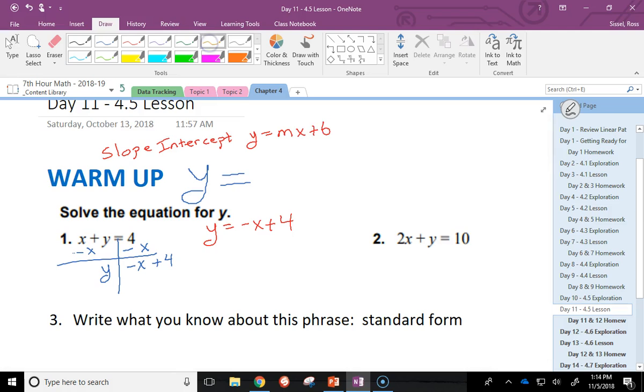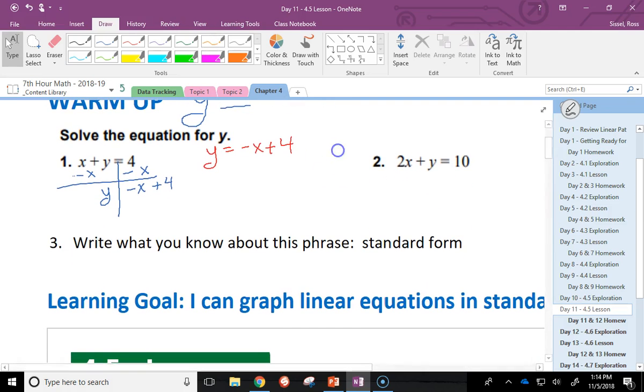Now, because of this, I can graph this equation. It is very easy. I know my slope, which we show with m, is what comes right before the x. Well, how many x's do I have? We have 1. And it's a negative. So my slope is negative 1.